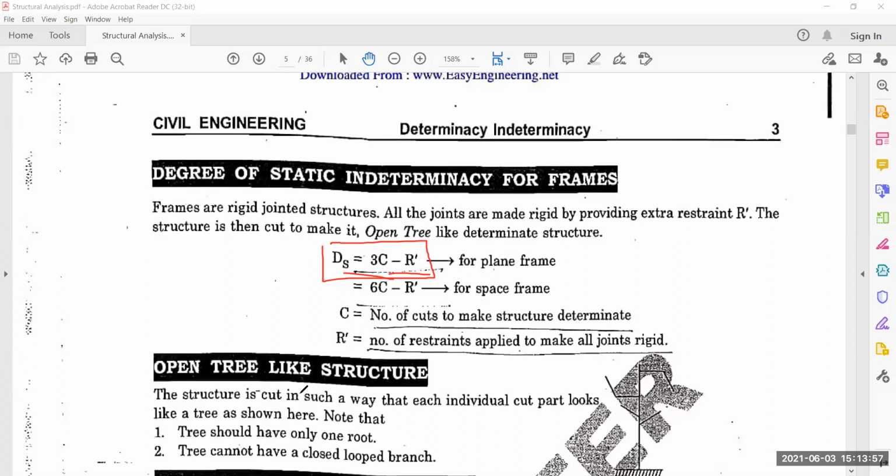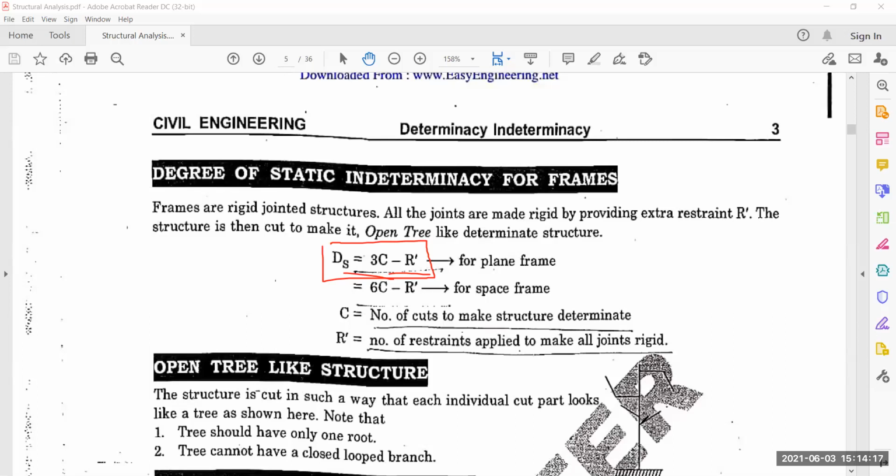So DS is equal to 3C minus R dash is the case for 2D structures, or plane frames. 2D structure means plane frame.